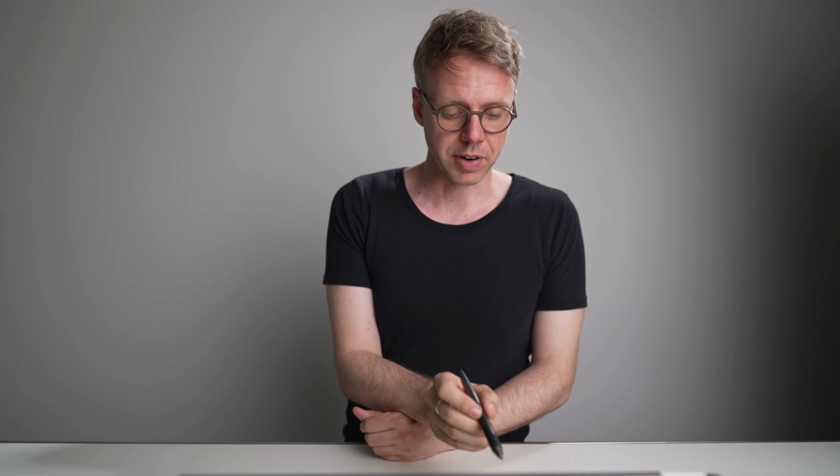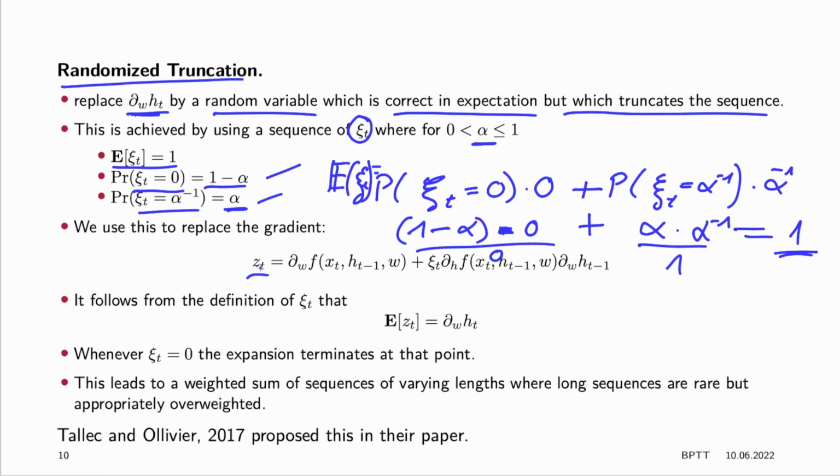And now we use this random variable to replace the gradient with z_t. So instead of computing the gradient of h_t with respect to w, we compute z_t, which is given by the gradient of f(x_t, h_{t-1}, w) plus ξ_t times the gradient of f(x_t, h_{t-1}, w) times the gradient of h_{t-1} with respect to w. So what have we just done?